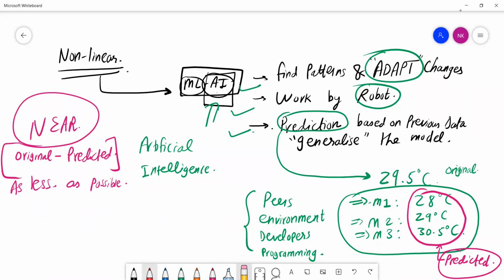And what do we mean by the smaller difference? I can write this to be the minimum difference. What is this minimization? It is nothing but the minimization problem.